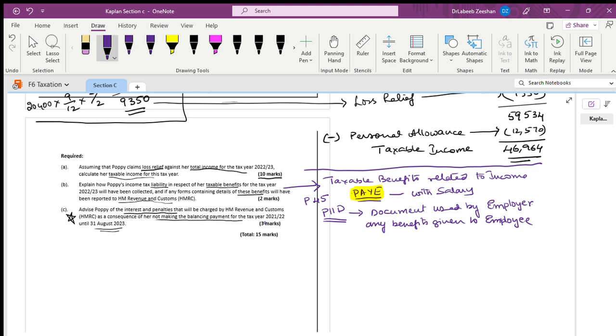That is the P11D. The document used by the employer for any benefits given to the employee.